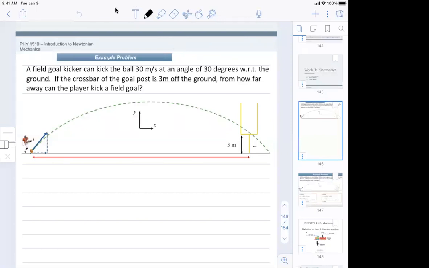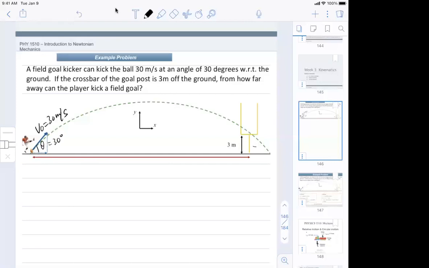Okay, now let's look at this problem together. We have this kicker that is kicking the ball at 30 meters per second. So let's label the quantities. V naught is 30 meters per second, and the angle theta is 30 degrees with respect to the ground. You can see it has both an x direction and a y direction in terms of motion.